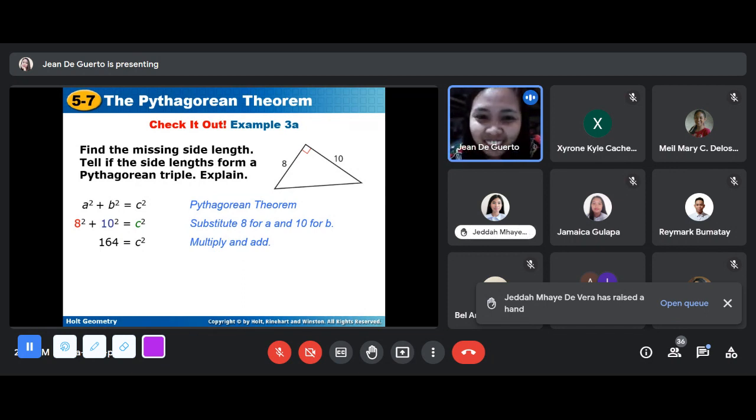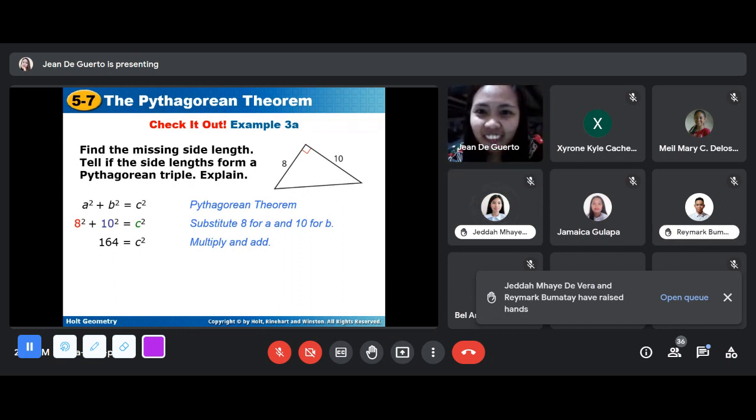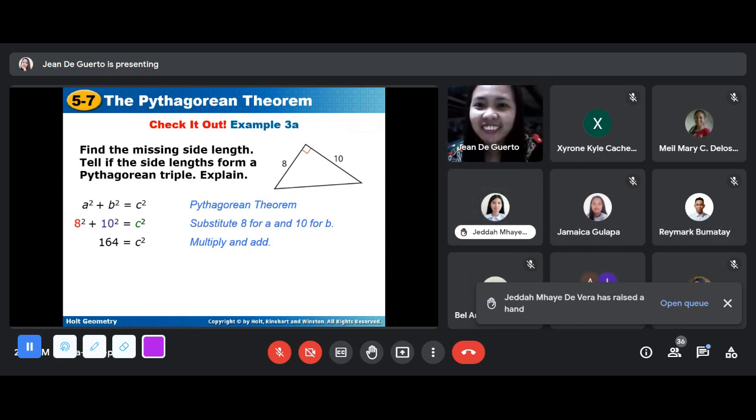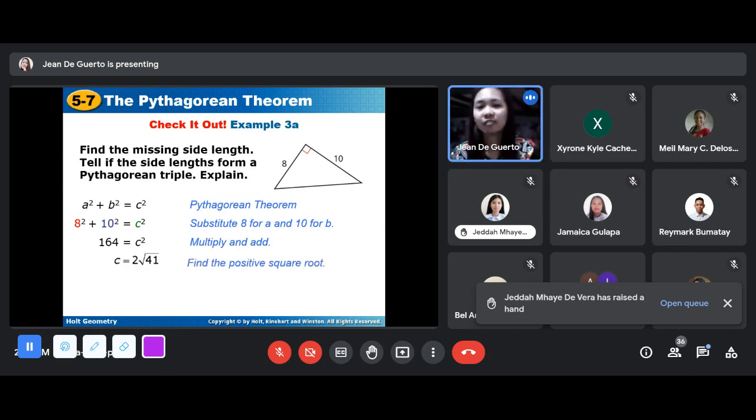So therefore, what will be the value of our c? C is equal to 2 square root of 41. Okay, so we have c is equal to 2 square root of 41.